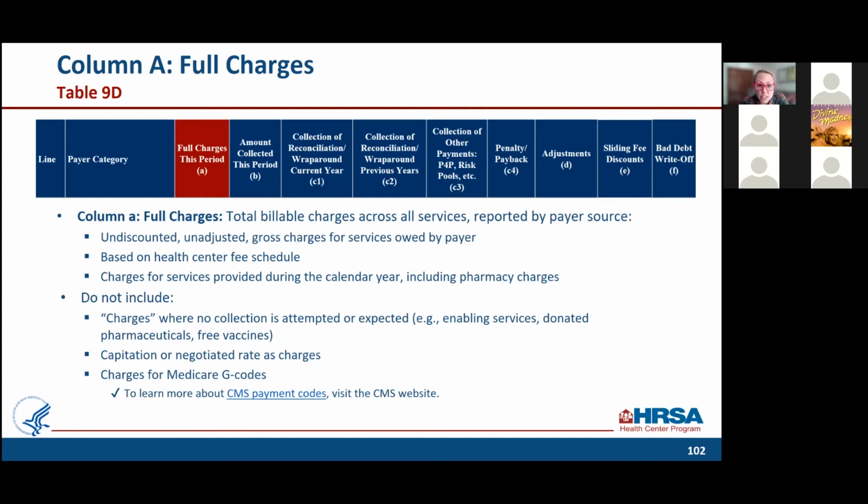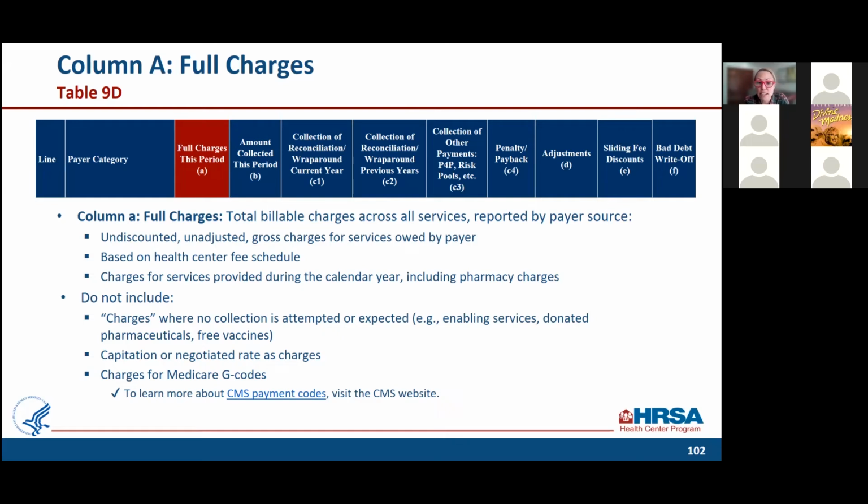So the health center should not use payer codes or negotiated rates as charges. The health center compliance manual specifies that the charges are to be in accordance with its fee schedule. Each health center should be using CPT or HCPCS codes that identify the services provided in a visit, and they must use the health center's fee schedule charges only when reporting charges.